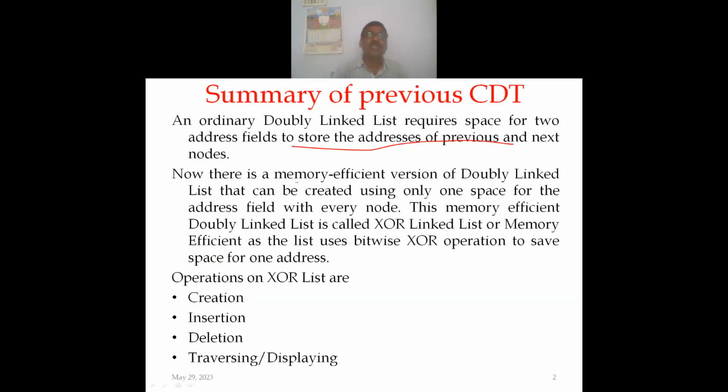There is a memory efficient version of the doubly linked list that we can create by using the XOR linked list, where we make use of the bitwise exclusive OR operation to save the memory space required for storing these addresses. We already discussed the operations related to the XOR list, like creation, insertion, deletion, and traversal.